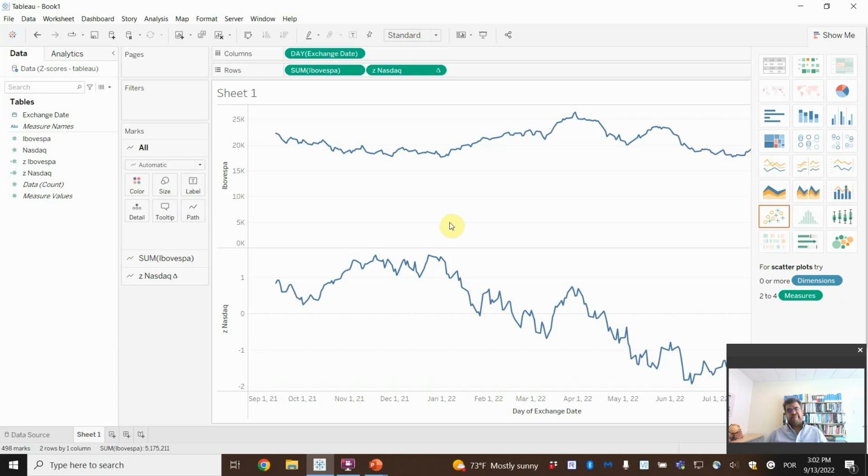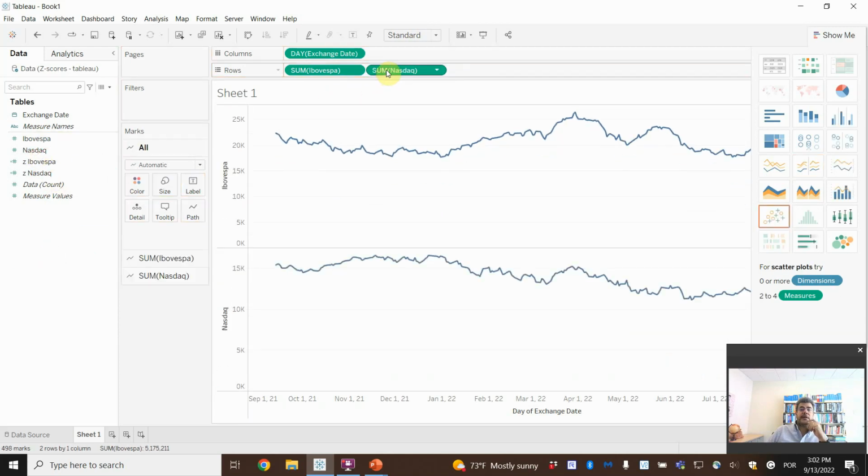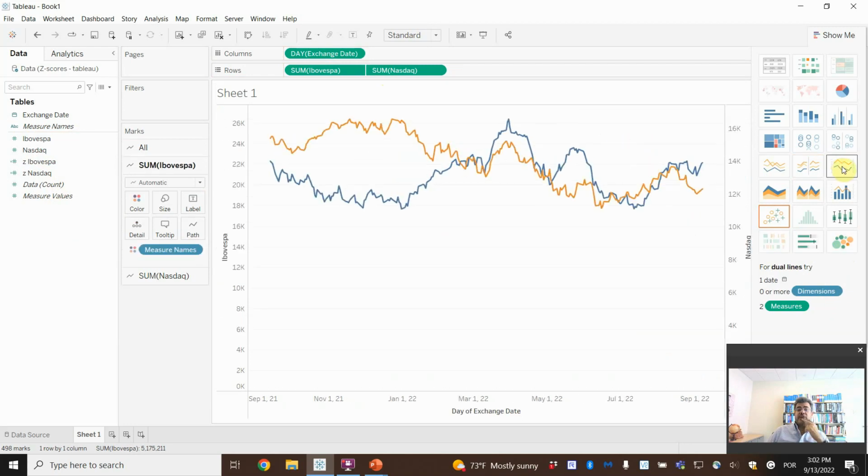So here, we cannot go there. Very different approach. Oh, it's Z. I don't want the Z. I want Ibovespa and Nasdaq. So here they have different approaches. So here we combine both. We cannot compare a lot.